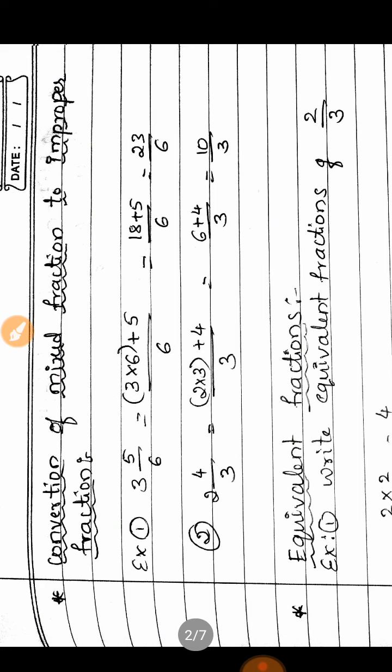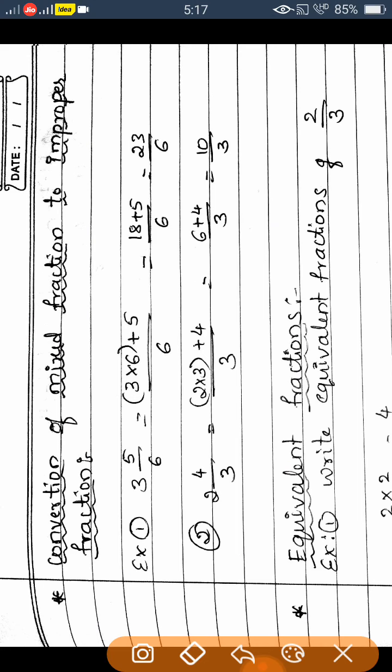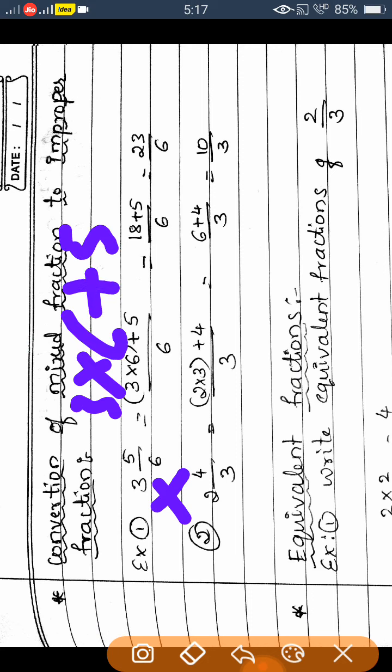See the first example I have chosen. The mixed fraction we are going to convert into an improper fraction: 3 and 5 by 6. Just multiply the whole and the denominator: 3 into 6. And add the numerator to that, keeping the denominator as it is. The denominator will not be changed because the number of parts in one whole is the same.